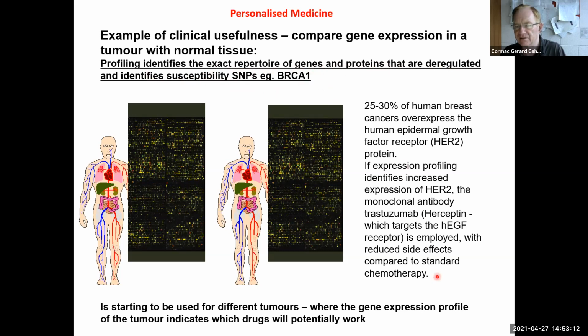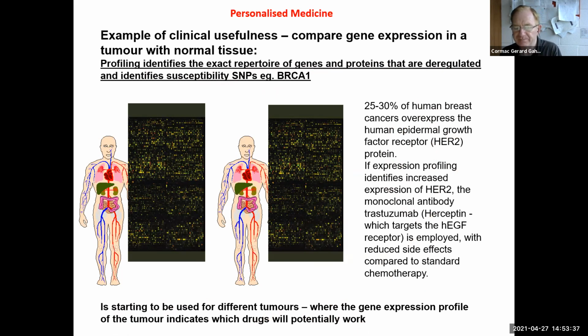So profiling identifies the exact repertoire of genes and proteins that are deregulated and identifies susceptibility to different agents. And so labs in the United States and elsewhere are doing this already. Personalized medicine: on a patient, see what genes are being expressed in their tumor, and then direct them to drugs that will potentially work. This is just a very simple example, but there are lots of other examples.